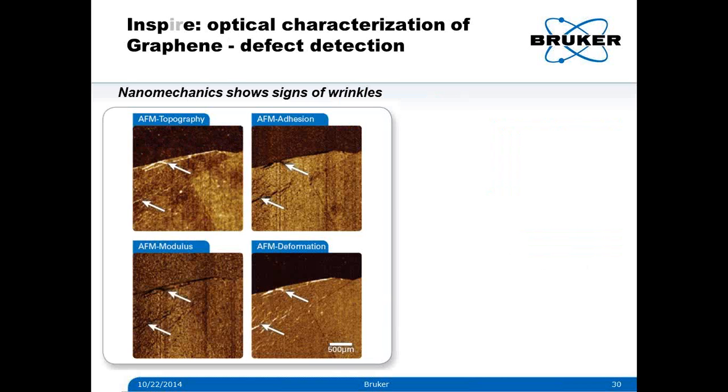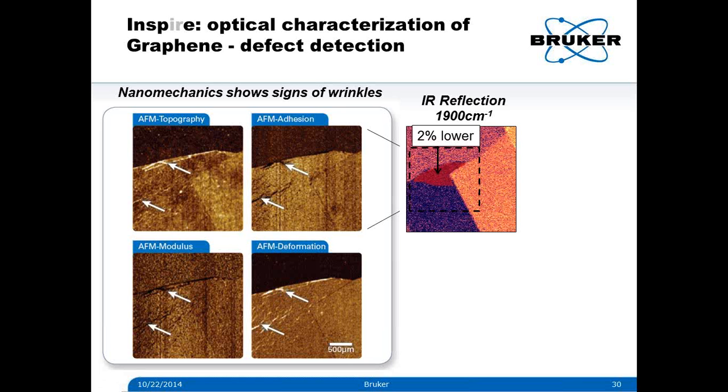If you zoom in, we can do nanomechanics at the same time. We get the topography, but also the adhesion, and see these small features in the nanomechanical channels. And these are wrinkles of graphene, so it's not perfectly flat here. You have some defects. It's wrinkled.